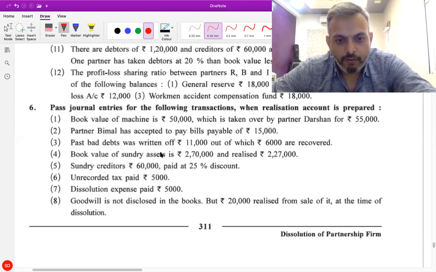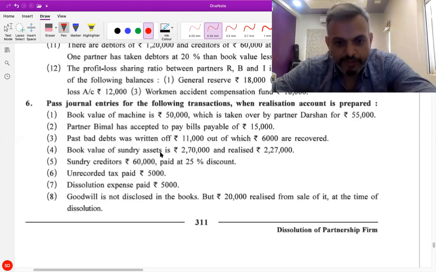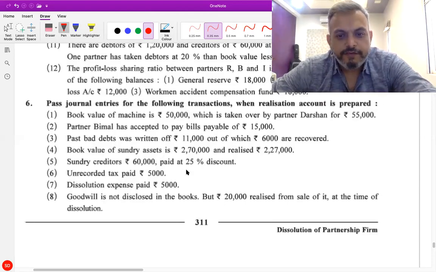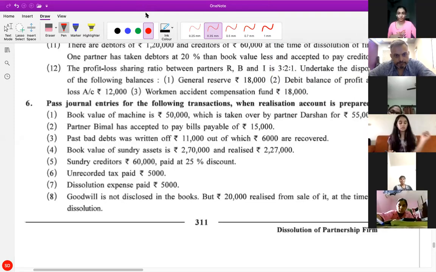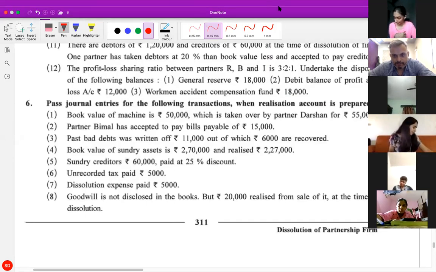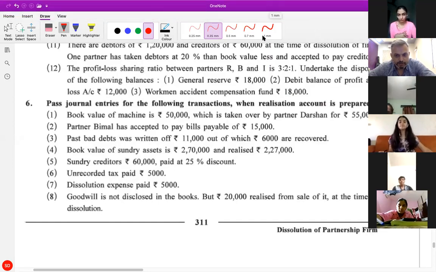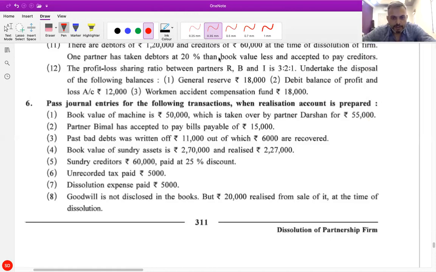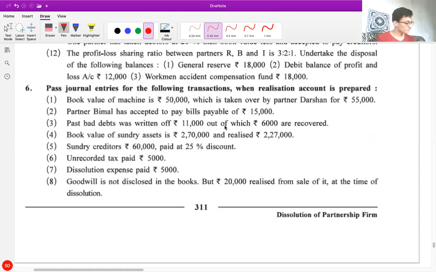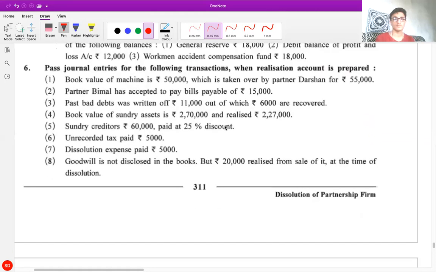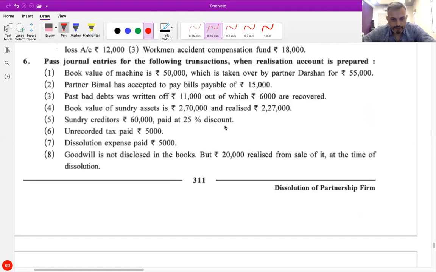Bad debt written off is 11,000, out of which 6,000 are recovered. So for which amount will you pass the entry, 6,000 or 11,000? 6,000, exactly. So cash to realization account. I think that's it from this.